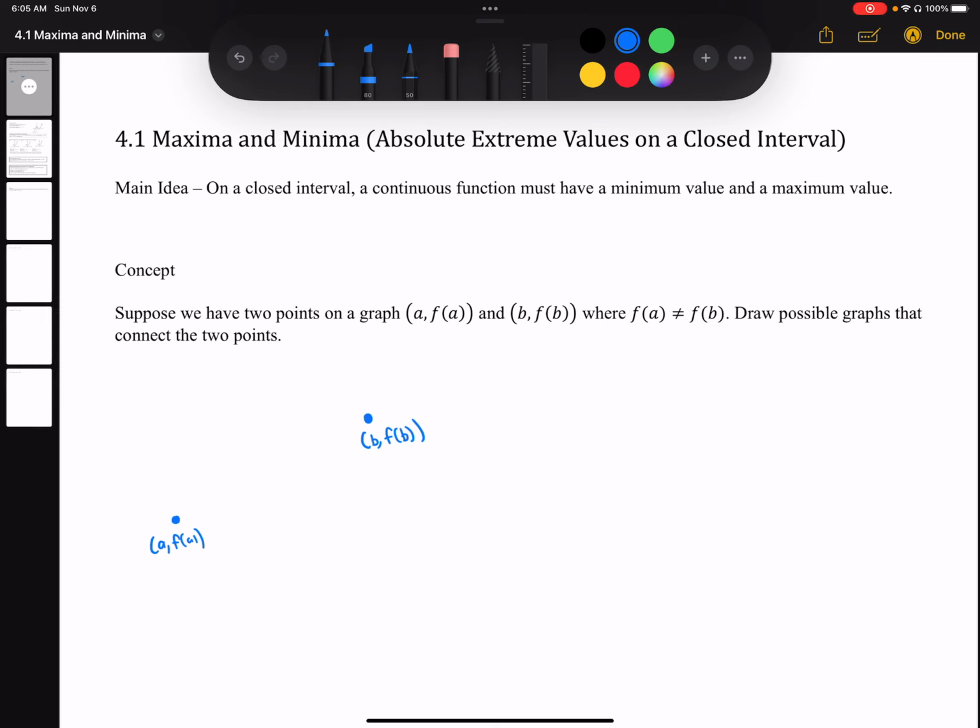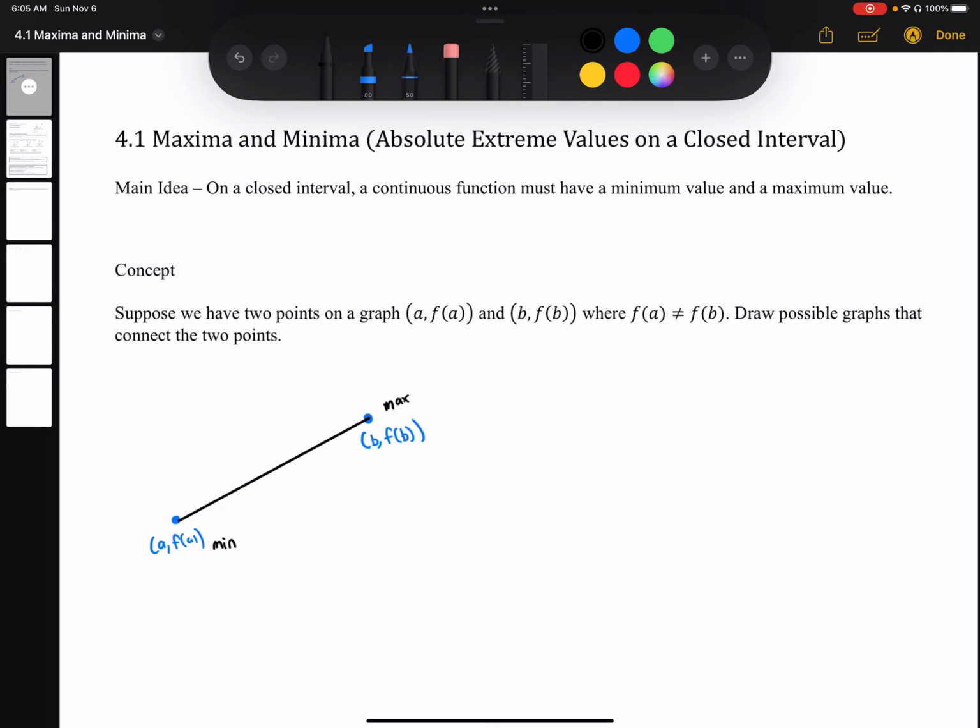So there are a couple of ways that we could get from A to B. The first way is the obvious way, where we can just go straight from A to B and make a line. In this case, we can see that A, f of A is our minimum value, and B, f of B is our maximum value. Now the line might continue.